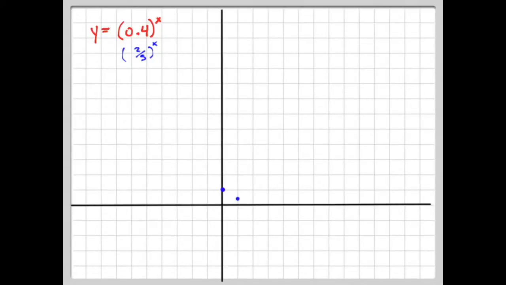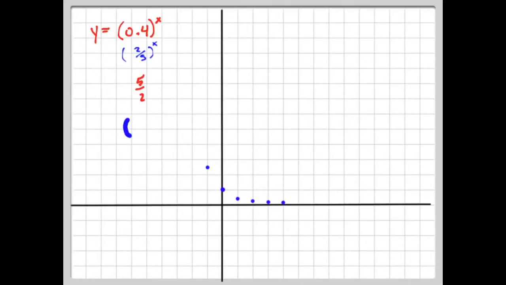So we go from 1 to 2/5 to 4/25, and so on. As we go to the left, we're dividing by 0.4 or 2/5, which is the same as multiplying by the reciprocal, 5/2. So we go from 1 to 2.5, or 5/2, to 25/4, which is actually 6¼.